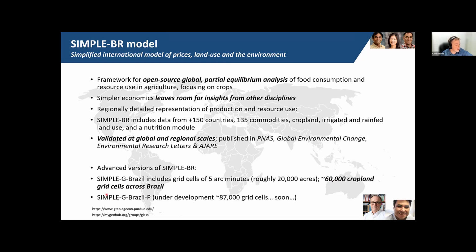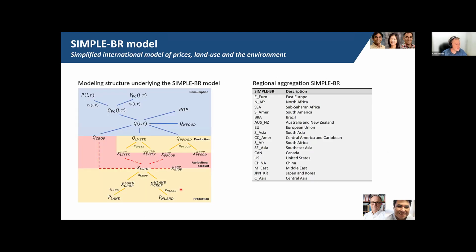And we are also developing SIMPLE-G Brazil B, for pasture, considering 2 land uses, and of course with a better representation of livestock production. This is super important for Brazil because all the agriculture and environmental policies that we have in Brazil rely on livestock intensification to achieve their goals. So this is the modeling structure.